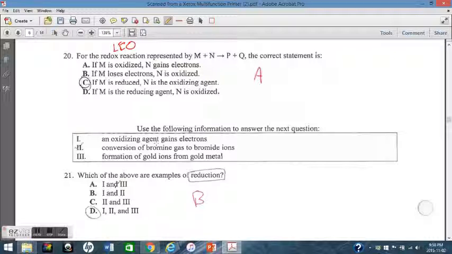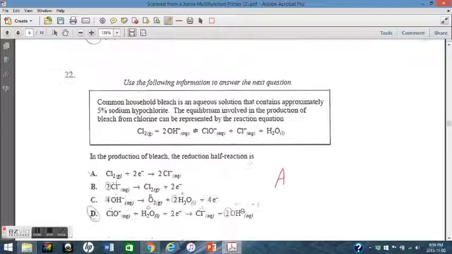So reduction is when an oxidizing agent gains electrons. Gain of electrons is reduction. Conversion of bromine gas to bromide ions, again, it's gaining electrons, it's becoming more negative. Formation of gold ions from gold metal, it's actually having to give up either 1 or 3 electrons depending on which gold ion is forming.